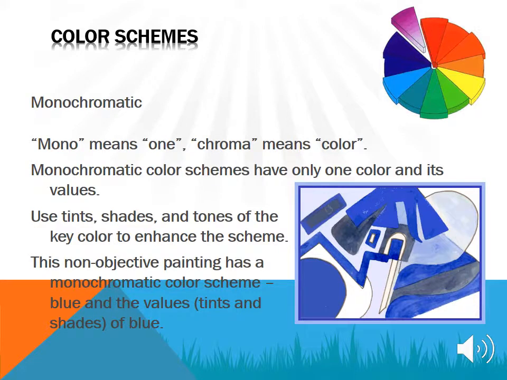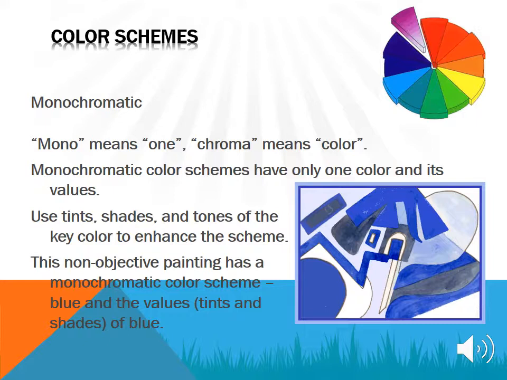First, let's talk about monochromatic. Mono means one, chroma means color. So monochromatic color schemes have only one color and its values. Use tints, shades, and tones of the one key color to enhance the scheme.